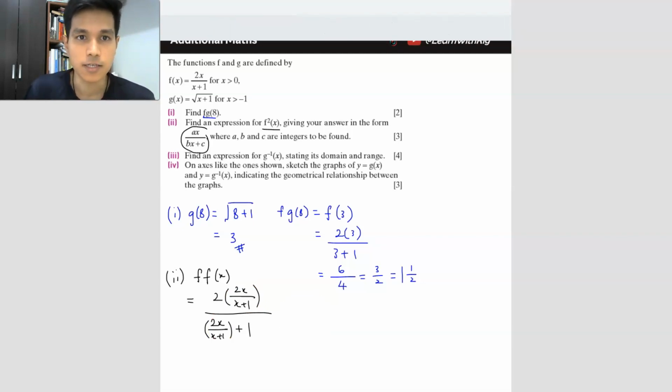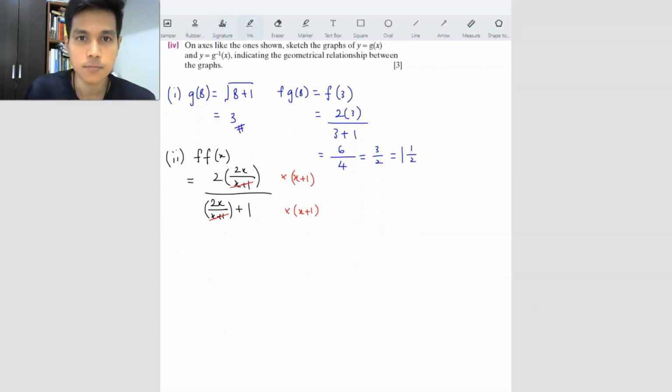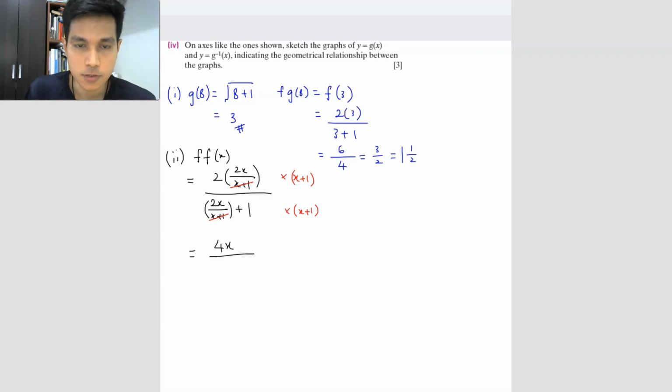Now, let us expand this. What we can do is multiply x plus 1 on the top and bottom, so that I can eliminate this. So you will get 4x over, at the bottom here you get 2x plus x plus 1.